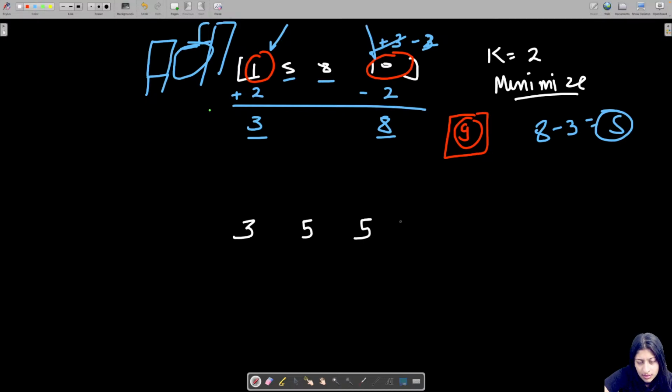And let's say 5 again, for example. Let me see if I can bring that kind of a test case to you. For example, right now what k I'm giving you is... Let me make it.